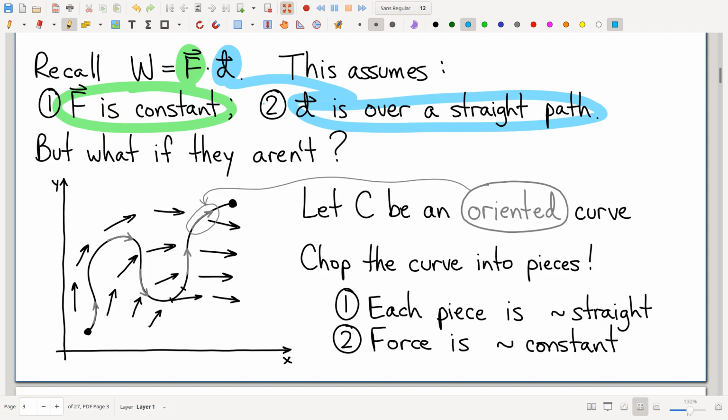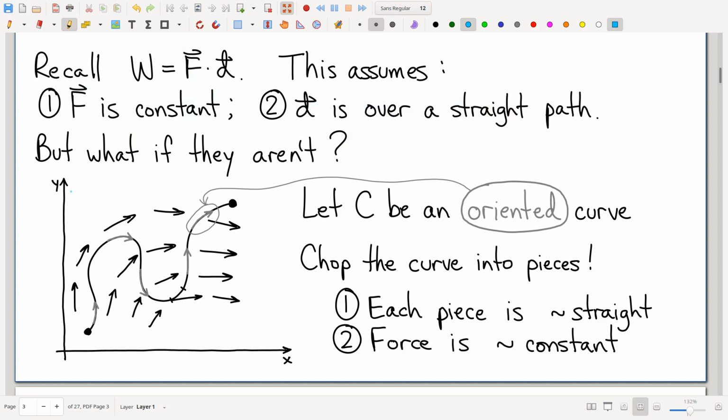So that's another little asterisk, I suppose, that remains. So what we want to do now is consider, what if I try to remove these asterisks as well? What if my force is not constant? As, for example, this vector field representing forces right here, conspicuously not constant. So can't use that formula, so what do I do?